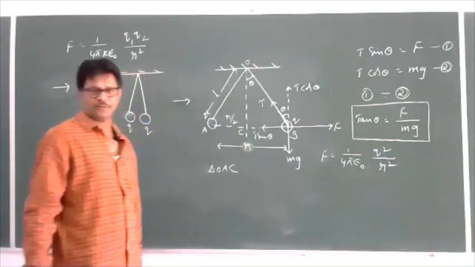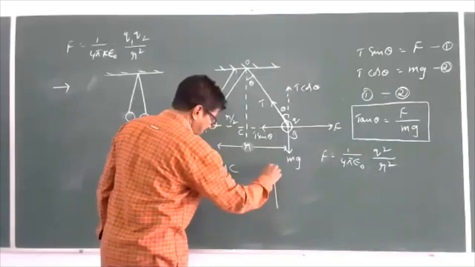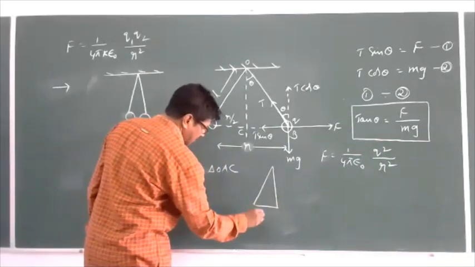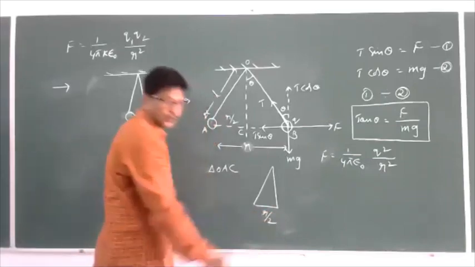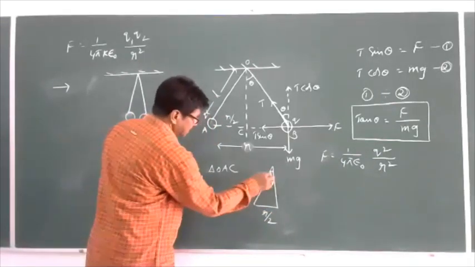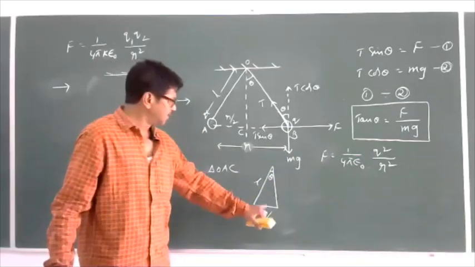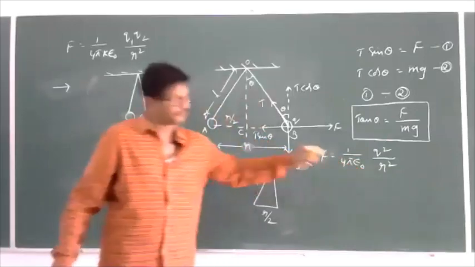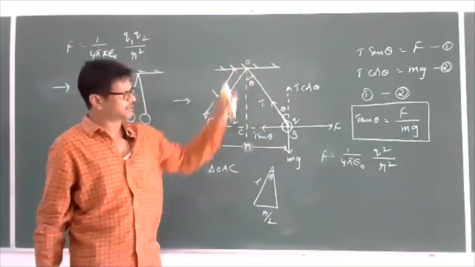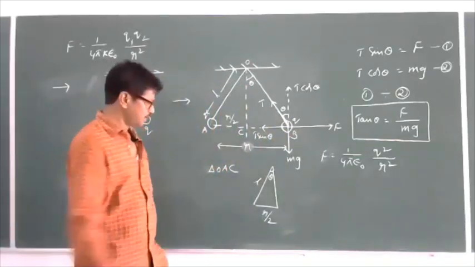In triangle OAC, the sides are r by 2, L, and the angle theta. So I need to convert this r in terms of L, because in some cases he will give only the length of the string, rather than the distance between the two balls.